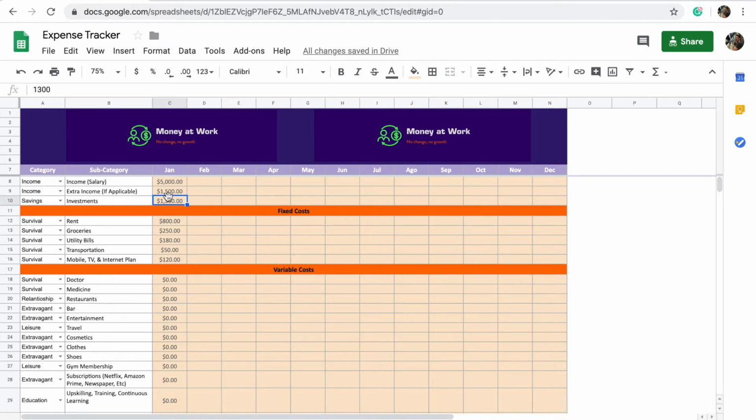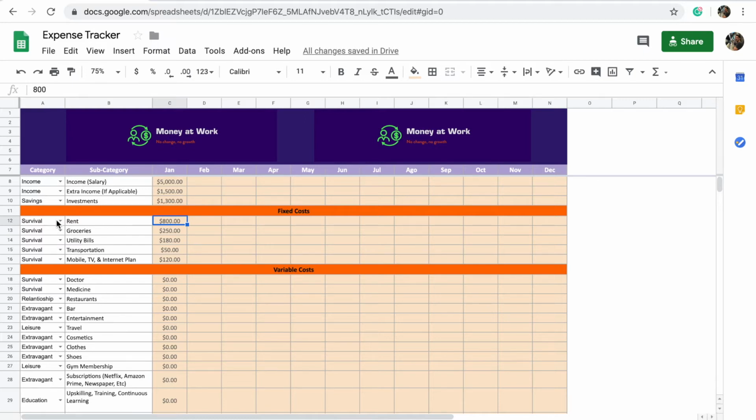So it's really important, once you get your income, to split the amount of money that you are going to use for your savings, and this amount can go to your investments or emergency fund or whatever you are planning to achieve in the future. So the first thing that I'm going to start filling out here are my fixed costs.